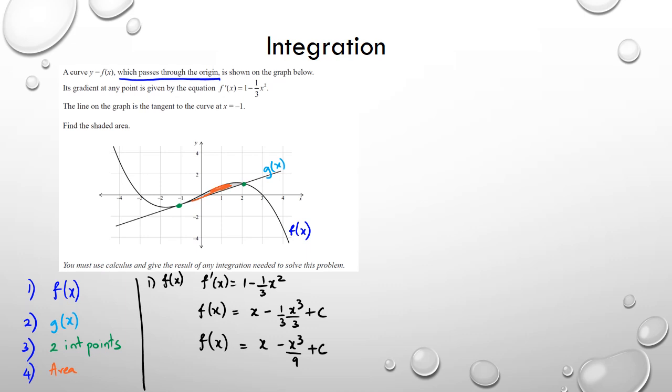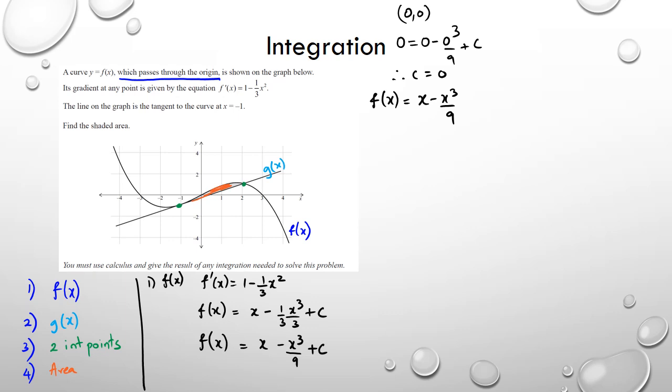If you don't believe it, let's work it out. Because it goes through the origin, 0, 0, I can say that 0 is equal to 0 minus 0 cubed over 9 plus c. Therefore, c is equal to 0, which means f of x is x minus x cubed over 9. Okay, that's the first thing.